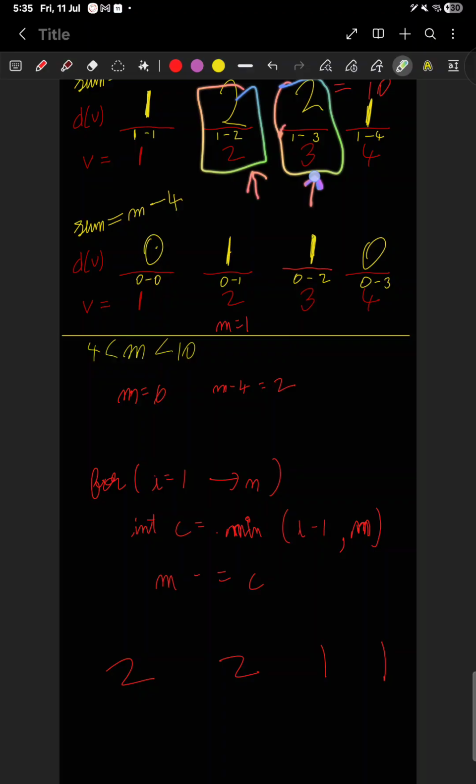Actually, earlier I had said that the order doesn't matter. It doesn't matter for the nodes after.